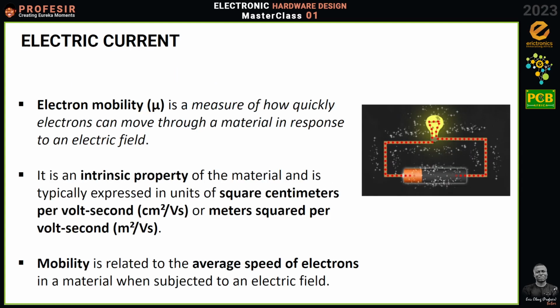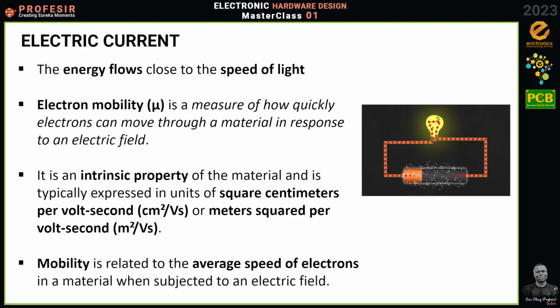Now, to add more to what we're talking about, the energy that is powering the system first of all flows close to the speed of light. Now why am I saying close to the speed of light? This is because the material medium in which it flows affects the speed. Now there is something called electron mobility.